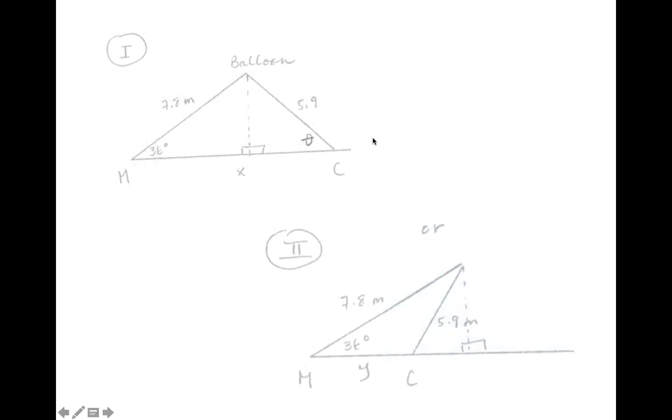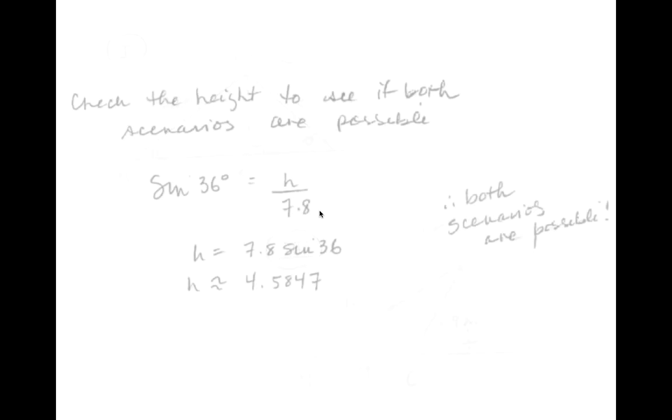So what we needed to do, first of all, was to figure out what the height is, because it's possible that Carl is standing on the opposite side of the balloon or on the same side of the balloon, if the height is right. Because right now, what we know about this side is that it's 5.9. So first of all, we checked out the height and we realized it was only 4.6. So sure enough, both scenarios are possible.